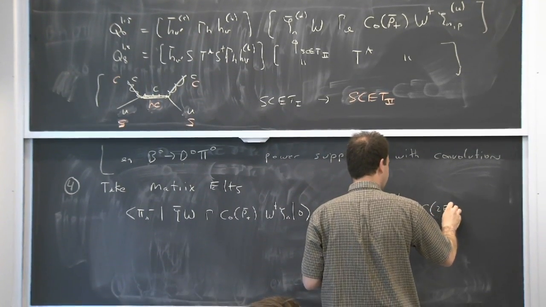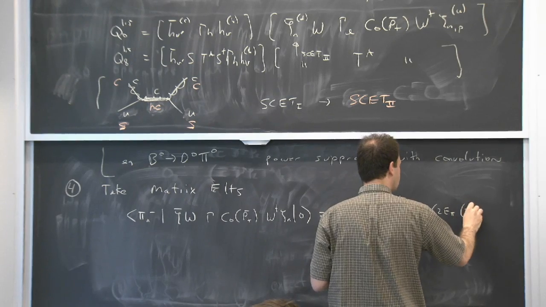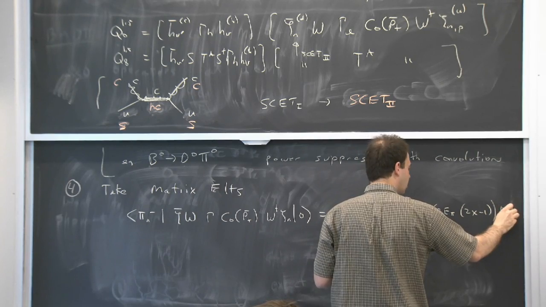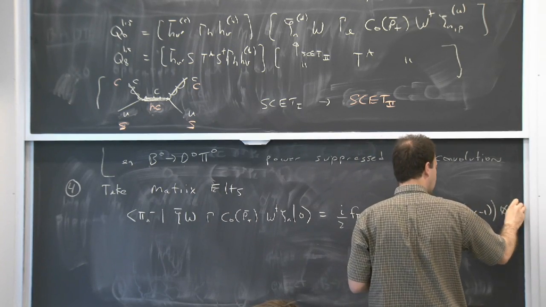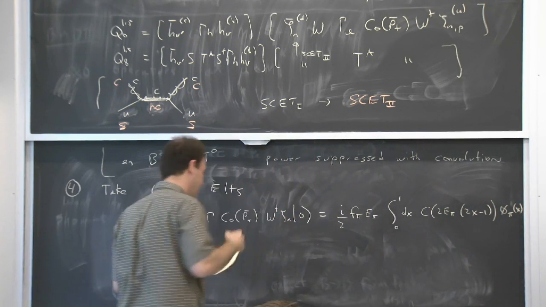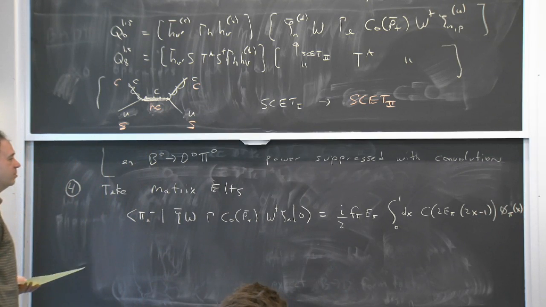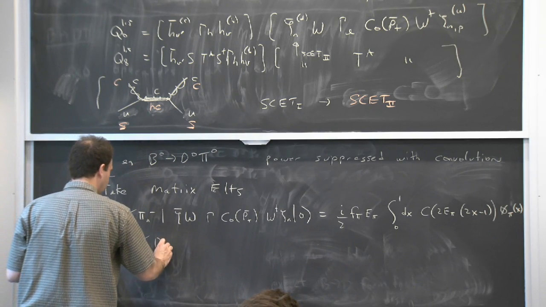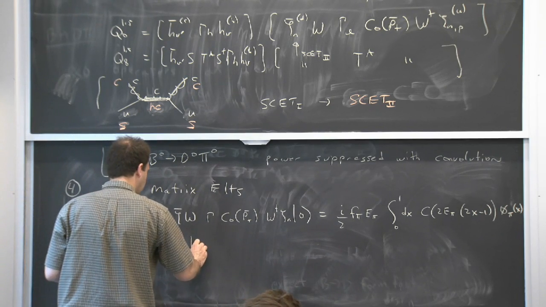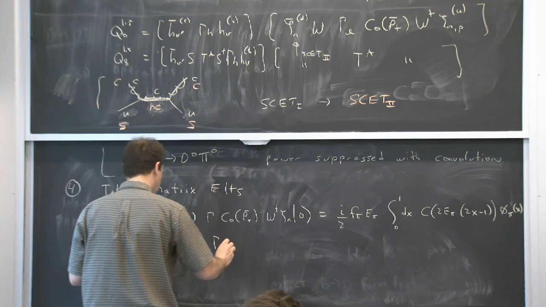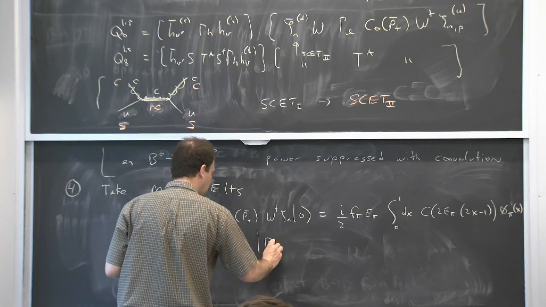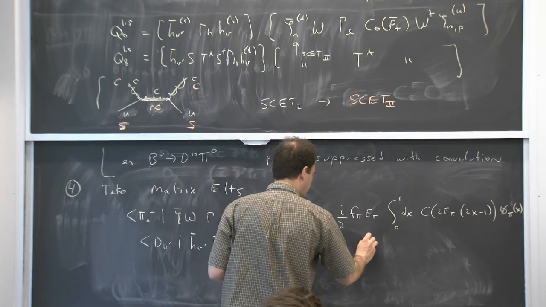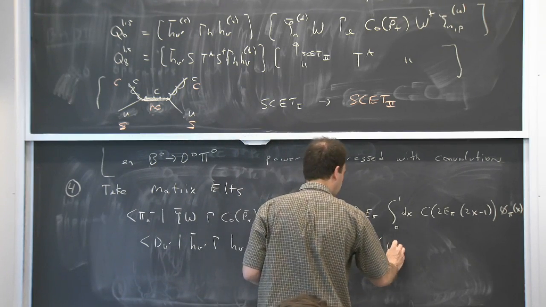There's some guy that's just giving a convolution between the Wilson coefficient and phi pi, and then this guy, which is some normalization factor times the form factor.